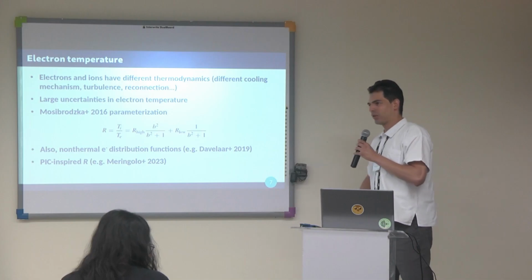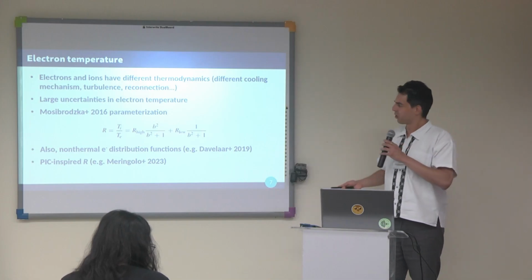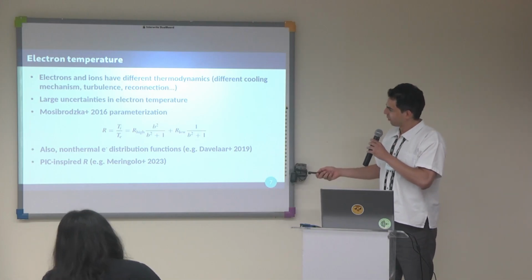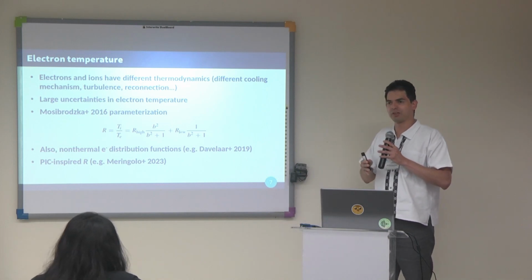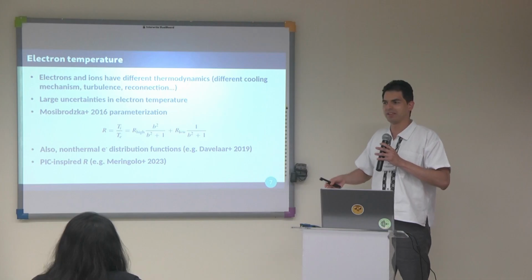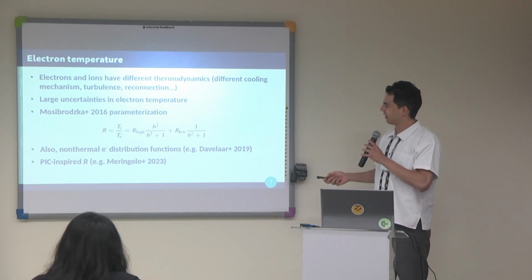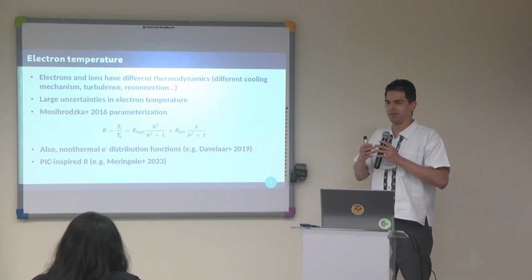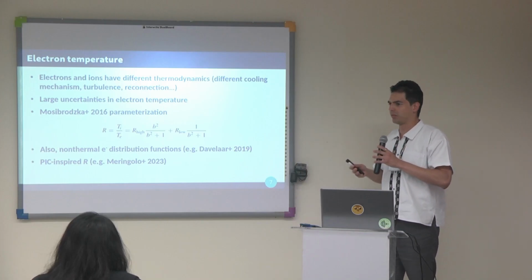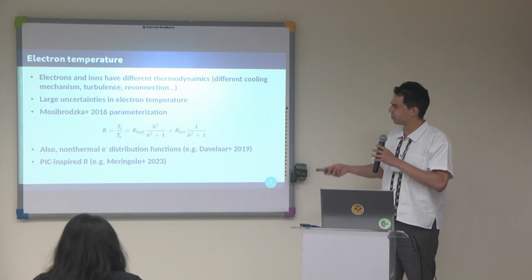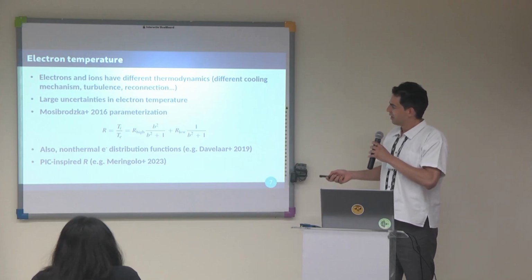However, the actual situation may be quite more complicated. This assumes that both electrons and protons will have a well-defined temperature, and this means having a distribution function that is similar to the Maxwell-Boltzmann or Maxwell-Jüttner distributions.